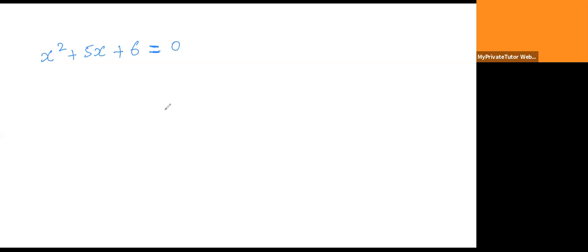Splitting the terms, right? Writing as factors, using the factors method, factorization method. So can anyone tell me what is the values of x here? I'm going to use the factorization method. You can see that.